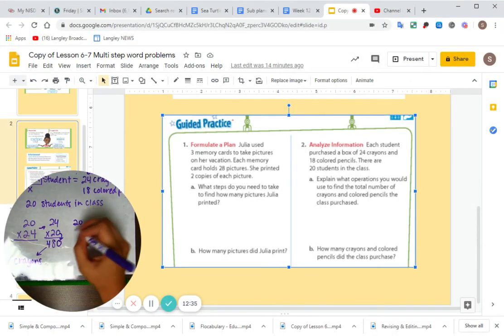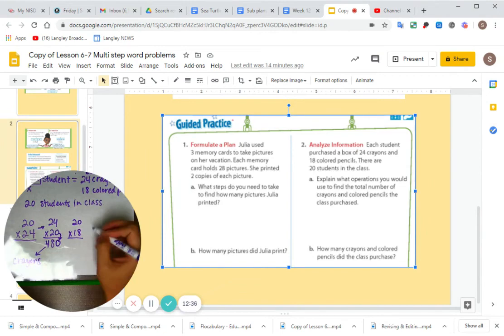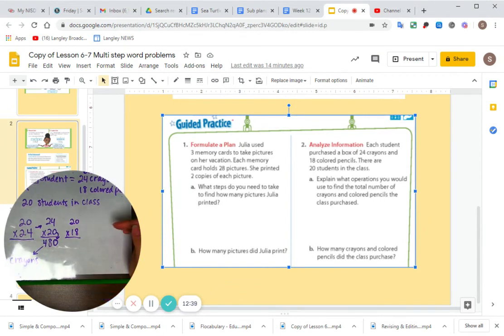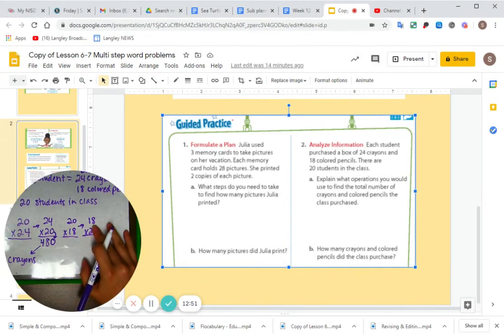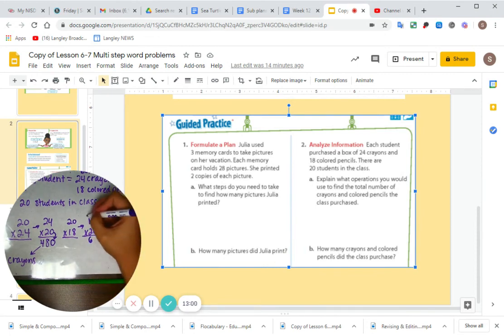For the colored pencils, I'm going to rewrite the same thing. I had 20 times 18, but I need to rewrite it again so I can cover up that 0. I want the bigger number on the top. So let's do 18 times 20. I'm going to cover up that 0. I'm going to pretend it's not there, and I'm going to multiply like normal. So what is 2 times 8? 16, good.